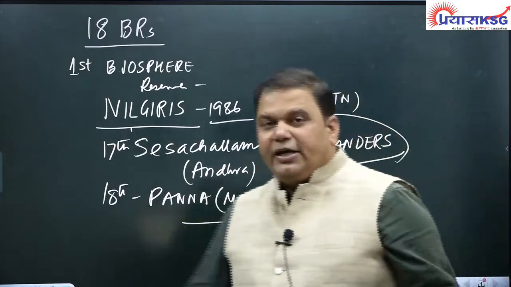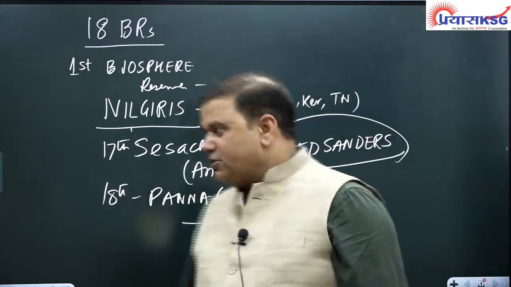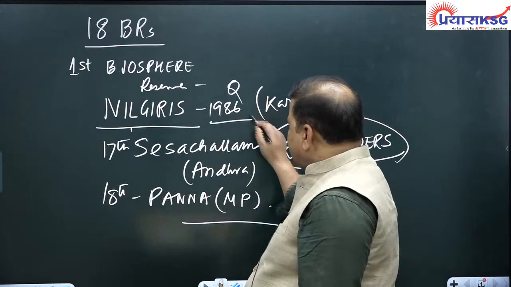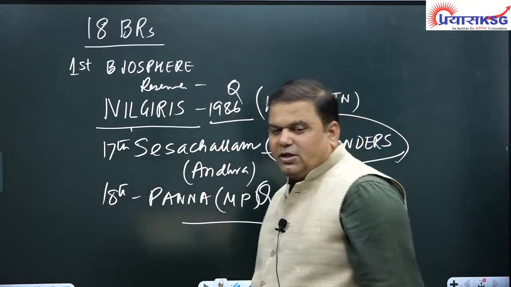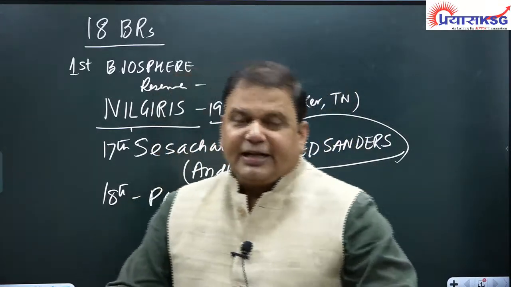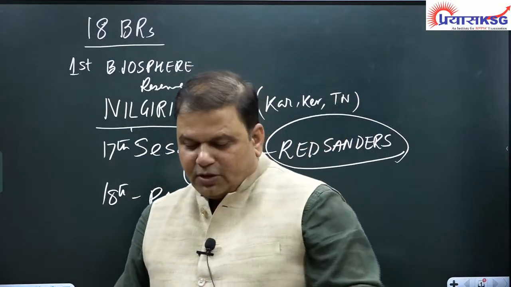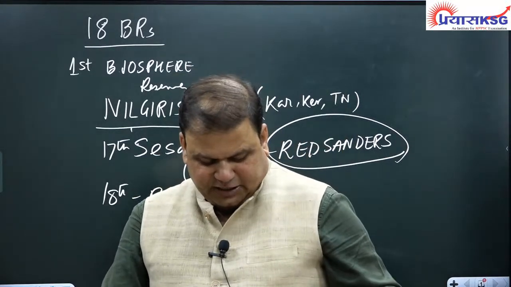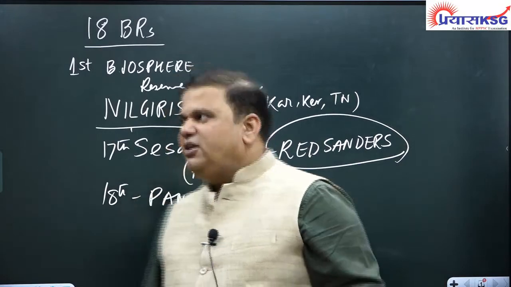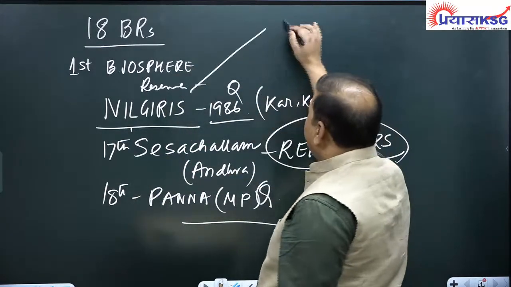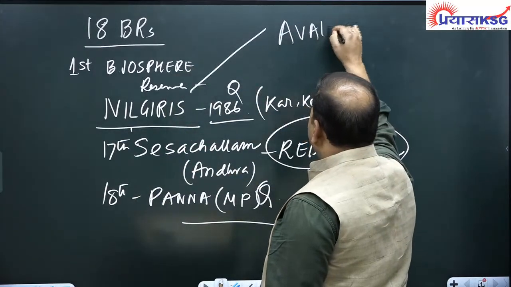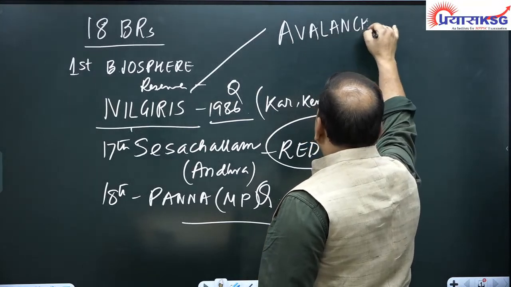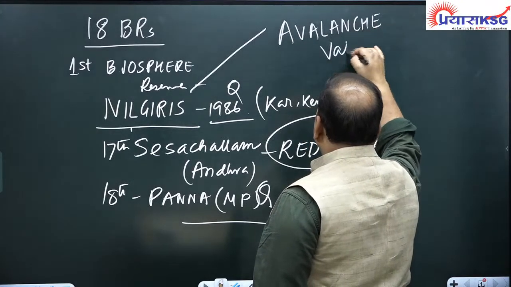Remember one more thing: these are all objective type questions. Also remember that a part of Nilgiri is called Avalanche Valley. Avalanche is the rapid movement of snow.